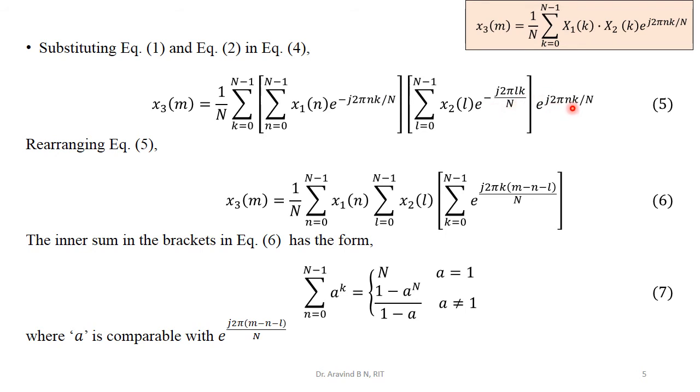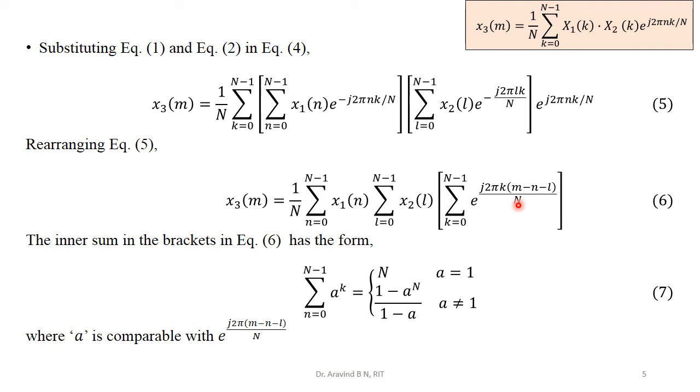So all three exponentials are directly related to the term k. Therefore, they all must come inside the summation with respect to k. That's why we must keep all the exponentials under the summation with respect to k.